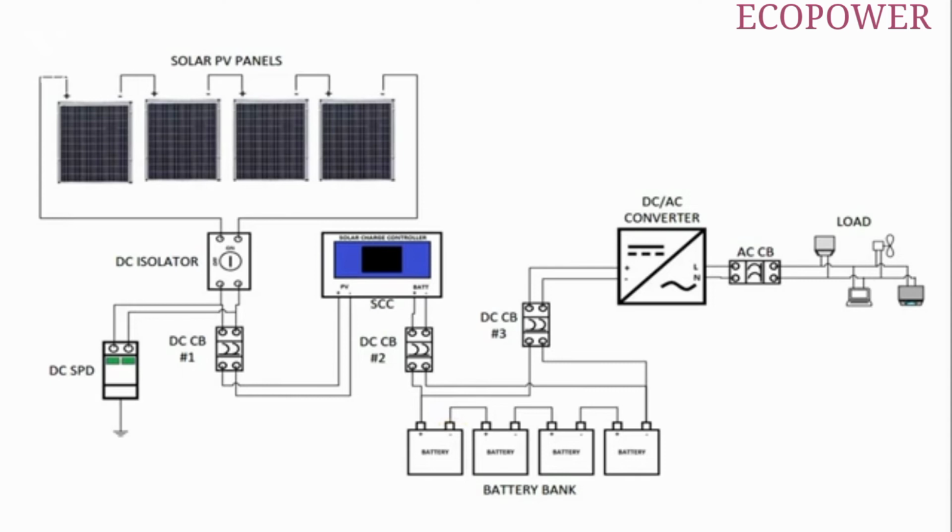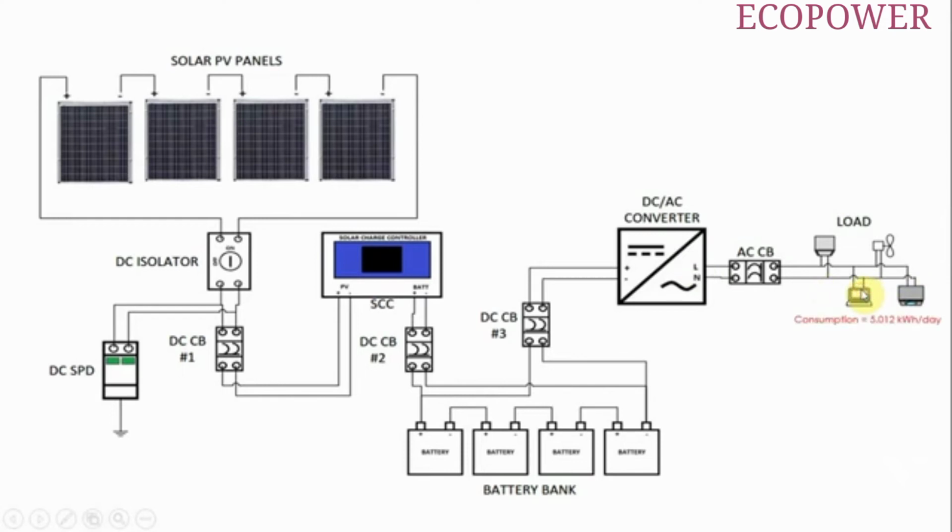Next, the battery bank is also connected to the inverter, which converts the DC energy from this battery bank to AC to be used by our common home appliances.